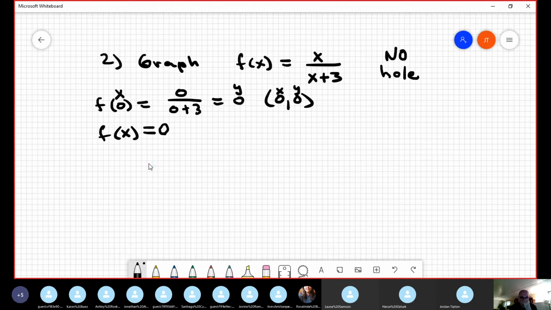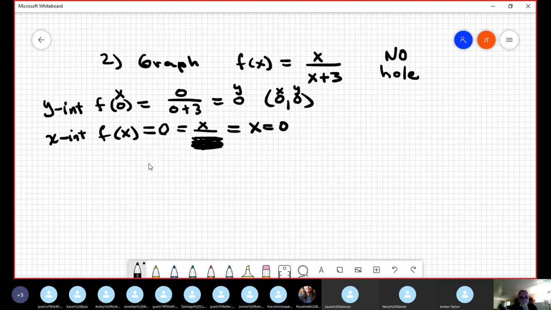The x-intercept is the same in this example, because when the top is 0, I ignore the bottom part and x equals 0. Therefore, 0,0 is both the y-intercept and the x-intercept.